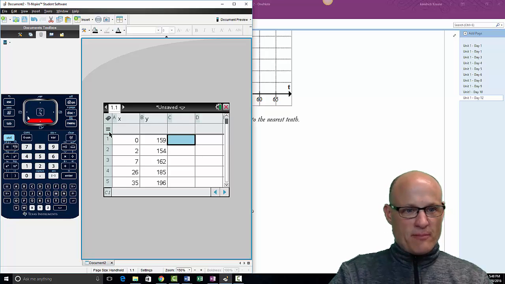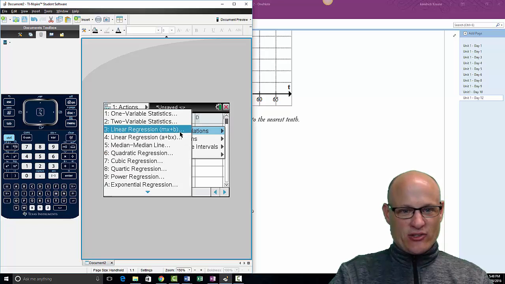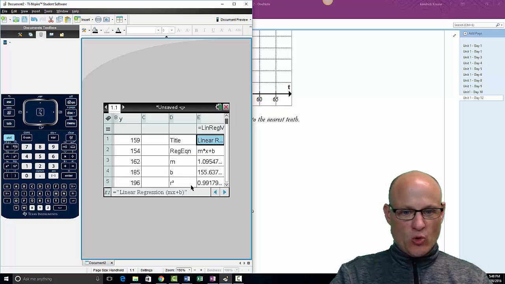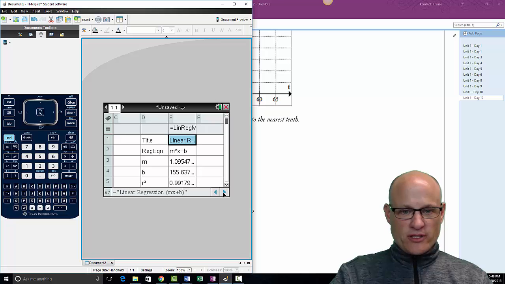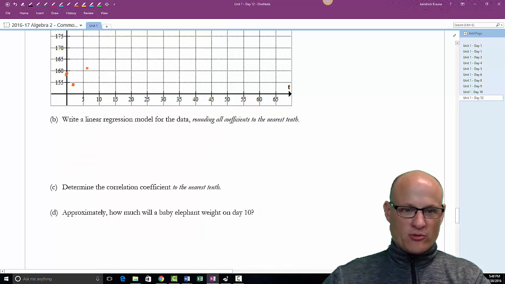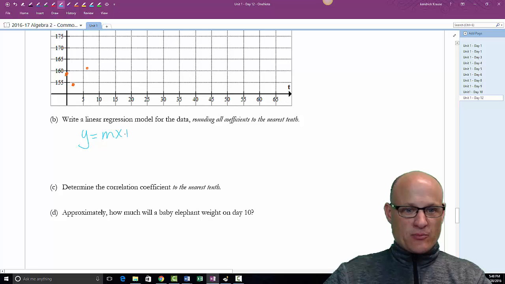All right, we'll get right there. We'll go into menu, statistics, stat calculations, and regression. We called our X line X, we called our Y line Y, and we click OK. So click over here. Again, there's our equation, y equals mx plus b. So we're coming down here, we're going to write y equals mx plus b. We need to know what m equals.